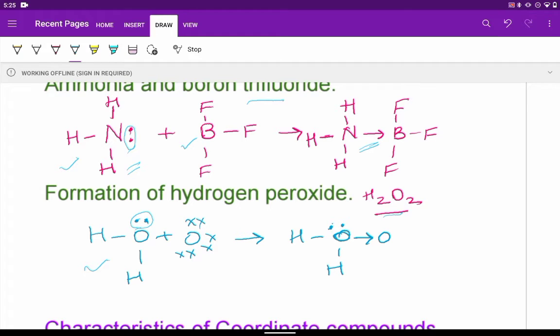This lone pair over oxygen can be donated during the formation of coordinate bond with another oxygen atom. This arrow shows that one lone pair has been donated from the oxygen of water molecule to the other oxygen atom, thus forming a coordinate bond between them. So H2O2 hydrogen peroxide formation takes place in this way.